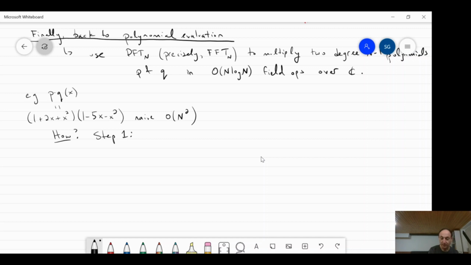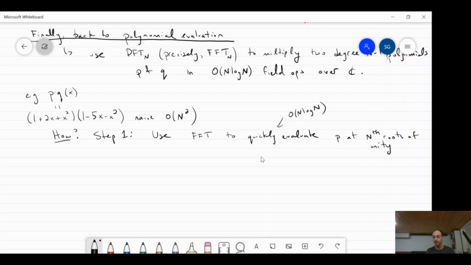In particular, you use the FFT to quickly evaluate P, the polynomial P, at the nth roots of unity. And quickly means in order n log n time.